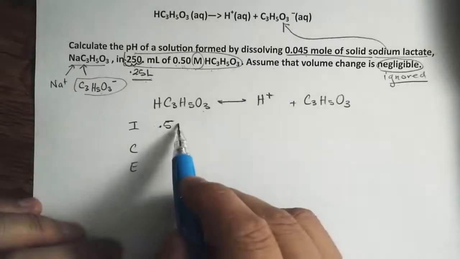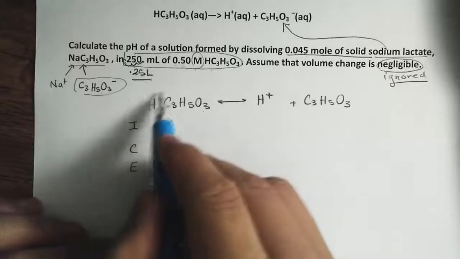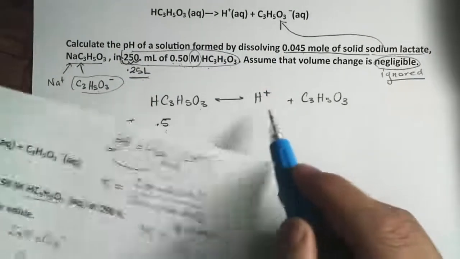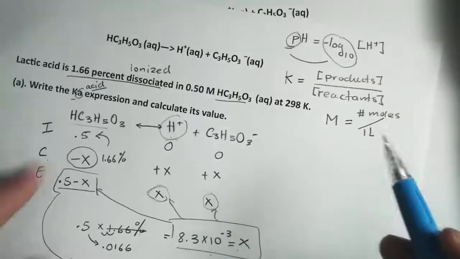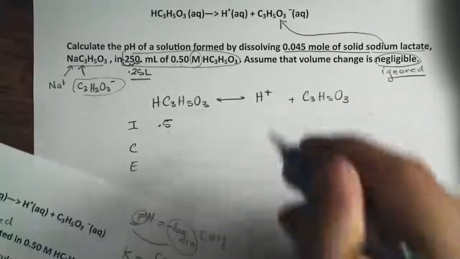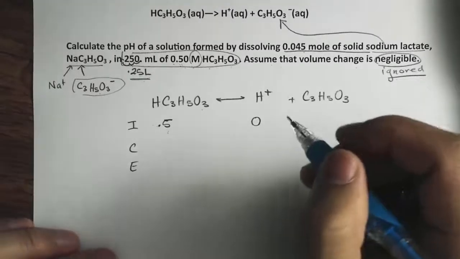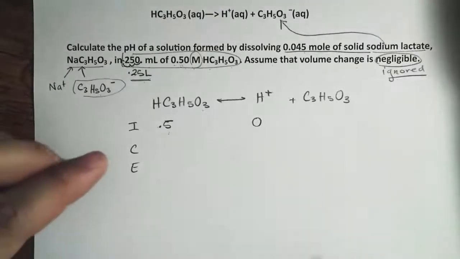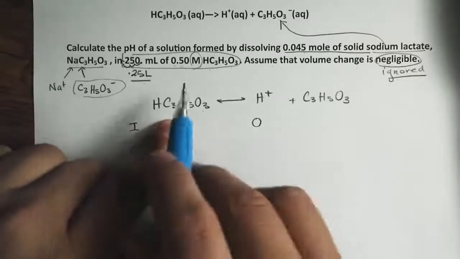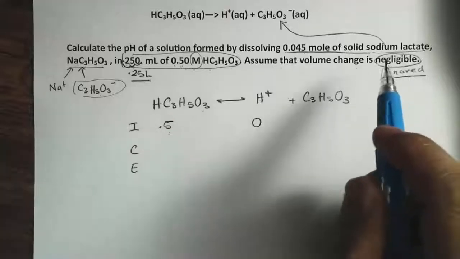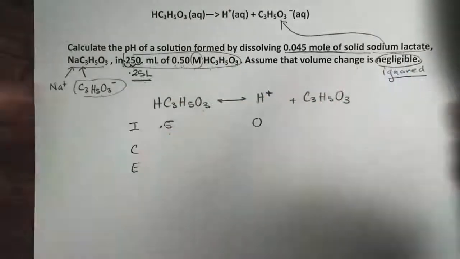And then from there, we realize that this lactic acid, just like we did before, will dissociate to make those ions, and it's only 6% dissociation. And of course, right now, initially it would be 0. But now, this lactic acid is being reacted with the sodium lactate because they told you that they just dissolved it in here.